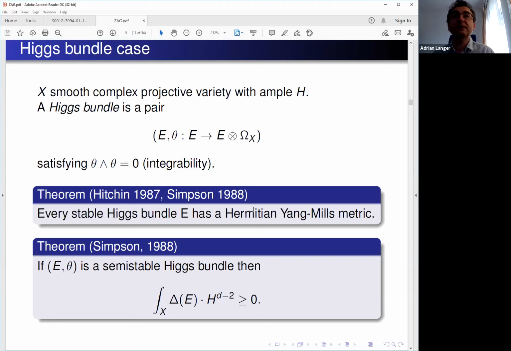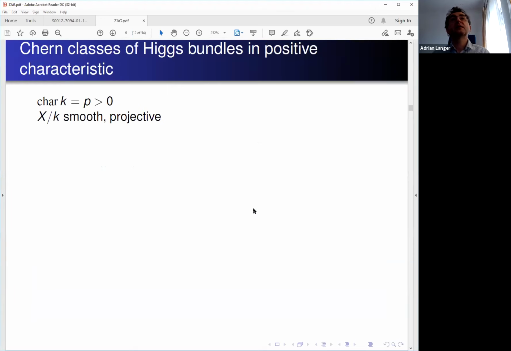And there are also some versions of this. One can think about versions of this in positive characteristic. It is easy to say that this is not true in general: even the usual Bogomolov's inequality fails if you have a variety defined over a field of positive characteristic. So we try to consider this positive characteristic case in the smooth projective case.